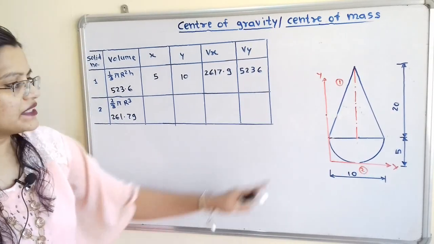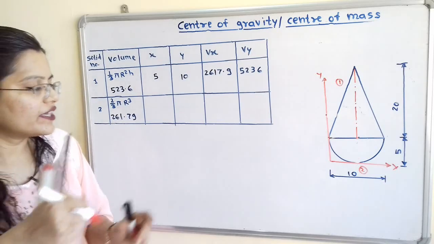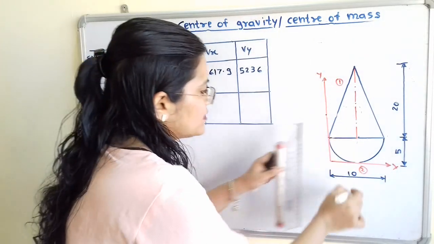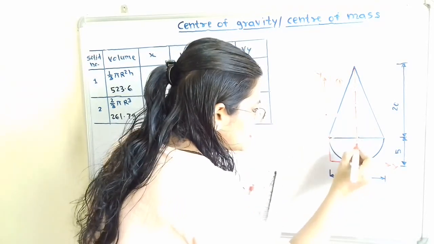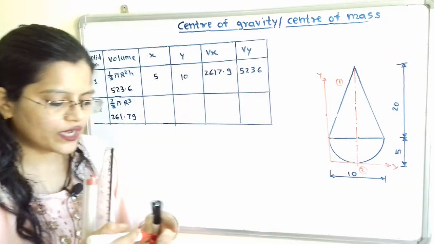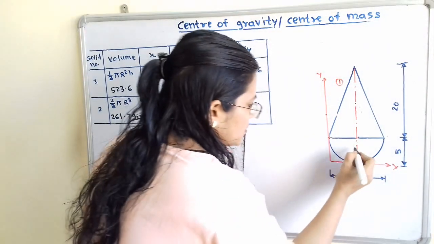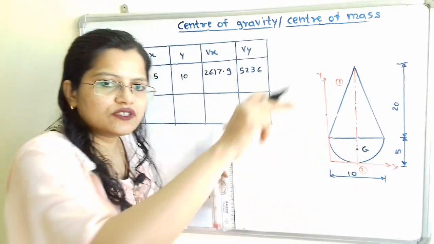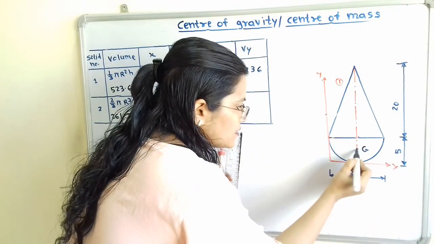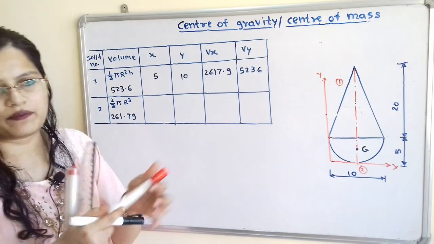For this hemisphere we have to find the center of gravity. If I draw one line passing through the center of the hemisphere and extend it, then on this vertical line we have to locate the point G. So I will locate here the point G. Now the vertical distance between the center of this top circle and G is equal to 3r by 8.